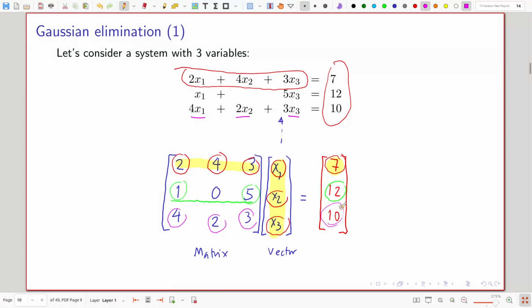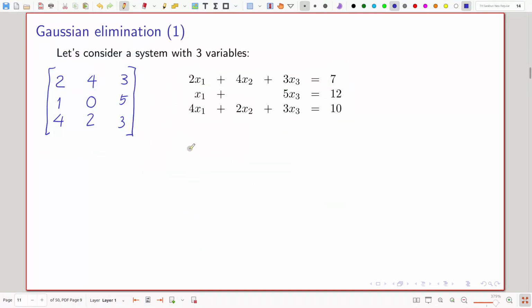Now I will show you what we did during the Gaussian elimination process, but we'll look entirely at this matrix. The coefficients here are important as well, but not that much, so we will probably ignore them for now. All right, so let's see what we did with this.